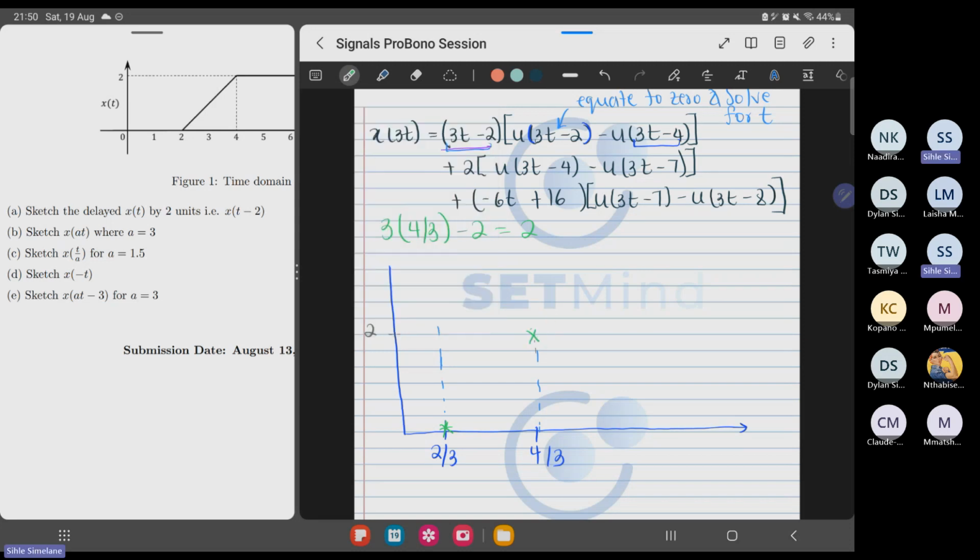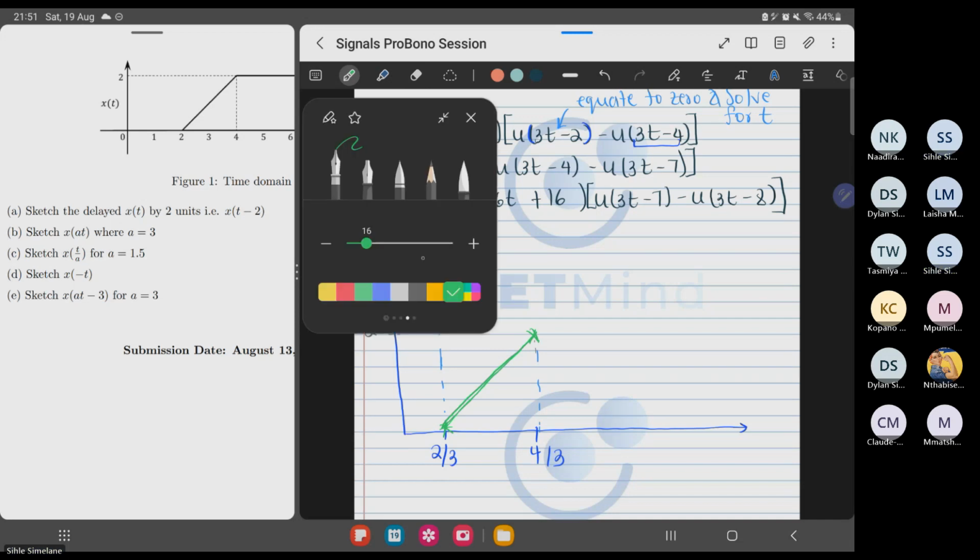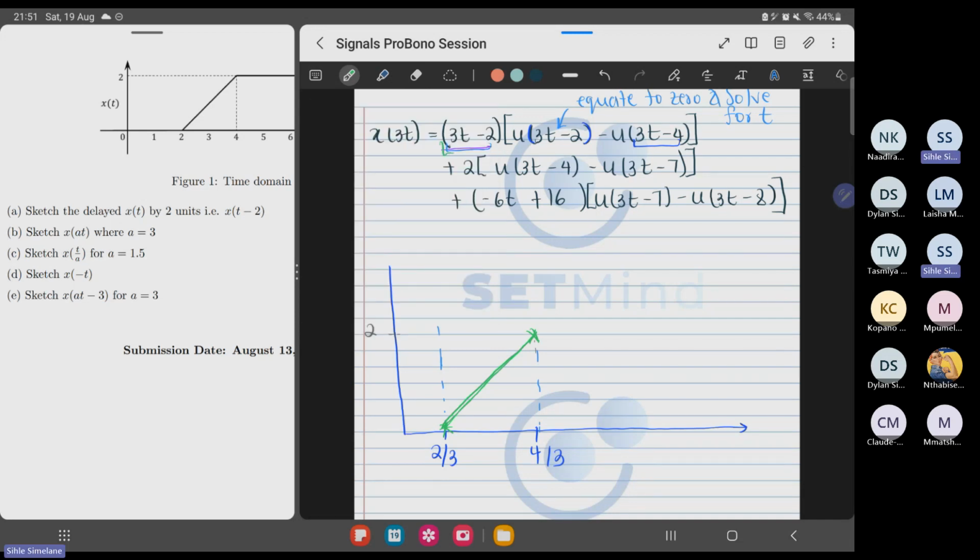So meaning you are here, and then lucky enough, that's where your function is bounded. So we just connect the 2 lines like that, and that's the one problem with that function. And then we go for the second function. So you need to look at what I do carefully. This here, let me highlight it green.